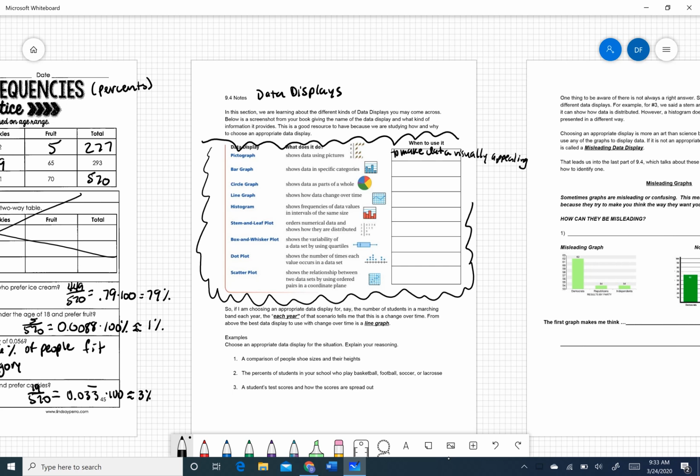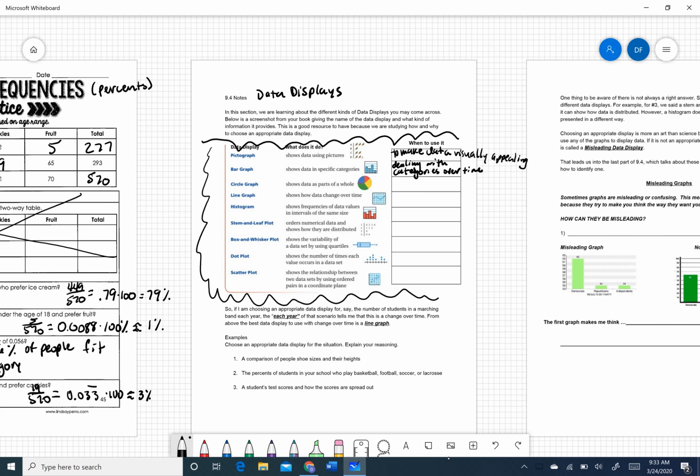So next we have a bar graph, and it shows data in specific categories. This is where we're comparing different categories to track maybe something over time. So a good time to use this is when you're dealing with categories over time, right?